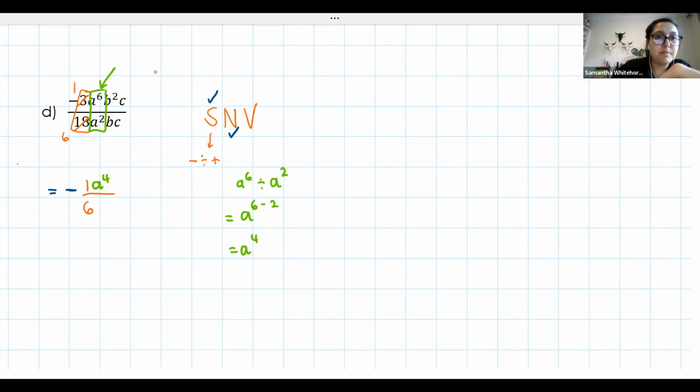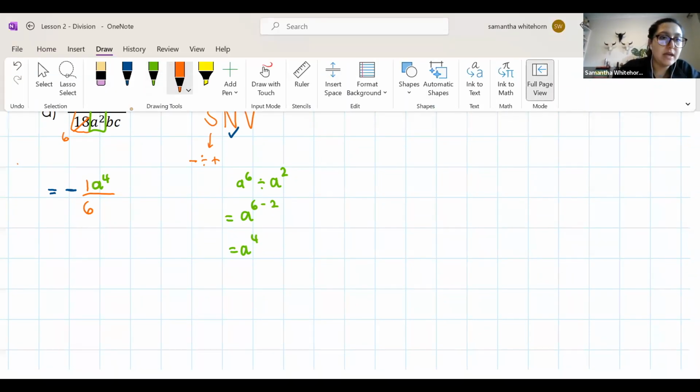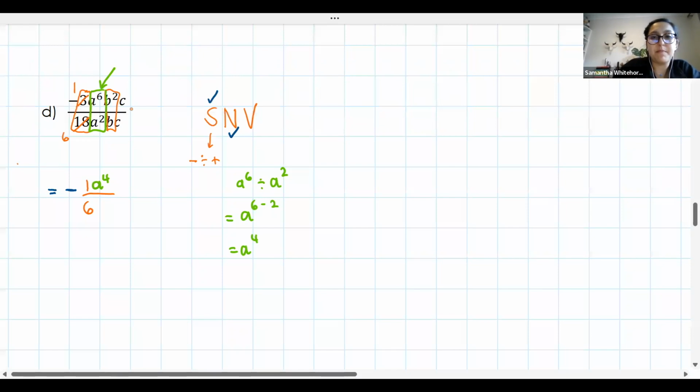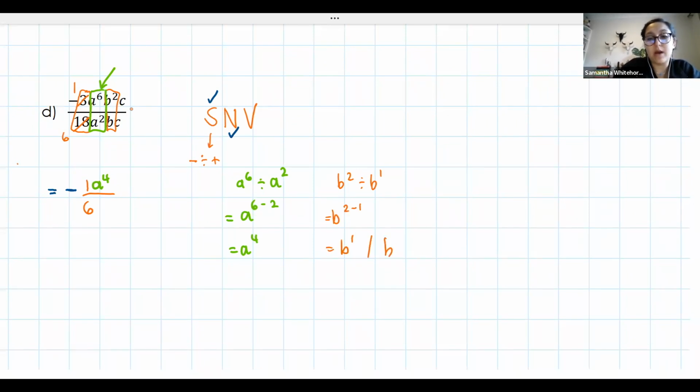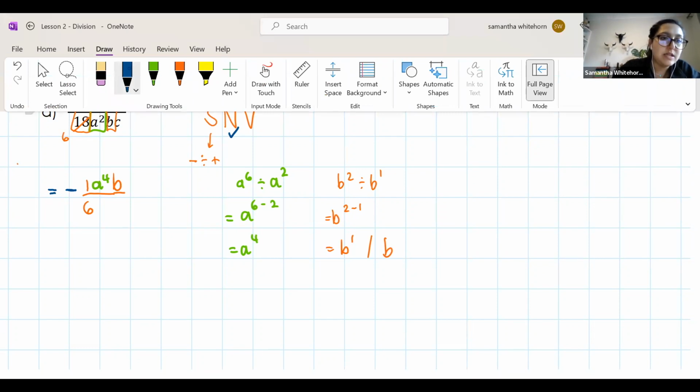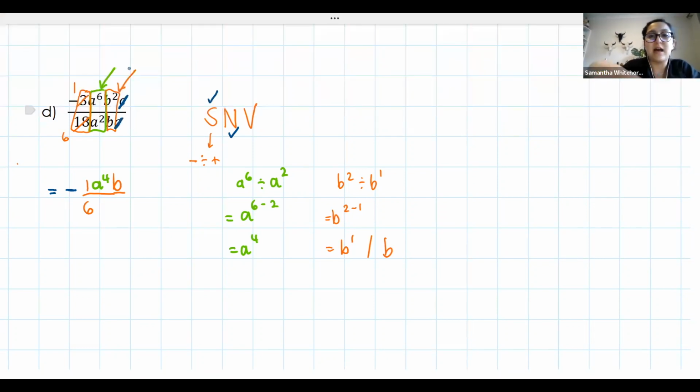I then move on to the b's. I've got b squared divided by b. I subtract my exponents, 2 minus 1, leaving me with b to the power 1 or just b, doesn't matter. What I need to remember, biggest exponent was in the numerator. That's where my leftover goes. So there's my b. And now when I get to the c's, what I need to remember is that they actually just cancel out.